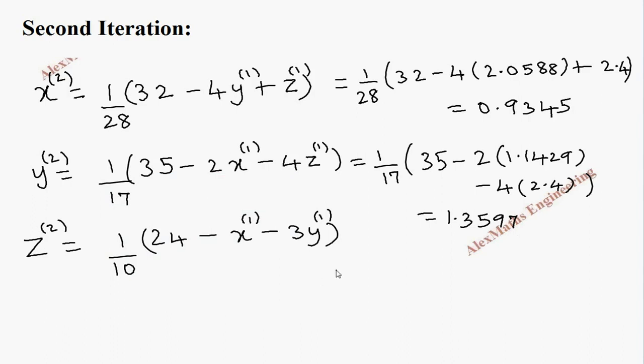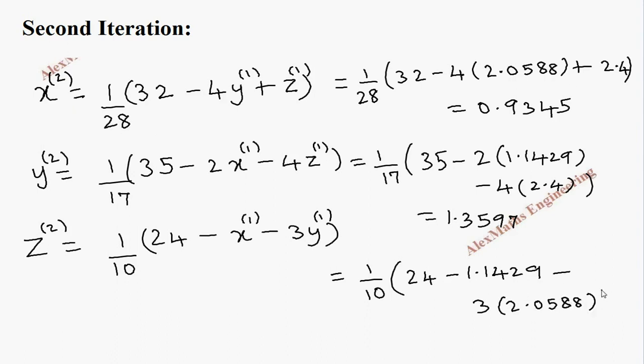Coming to this z, this is 1 by 10, 24 minus x of 1, which is 1.1429, minus 3 into y, which is 2.0588.